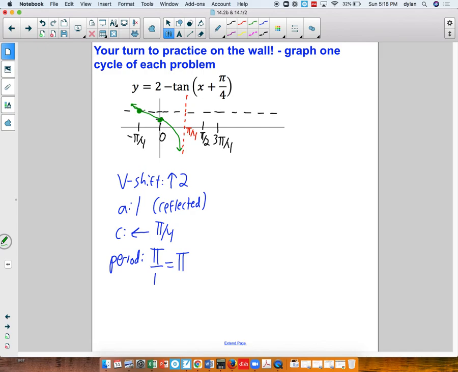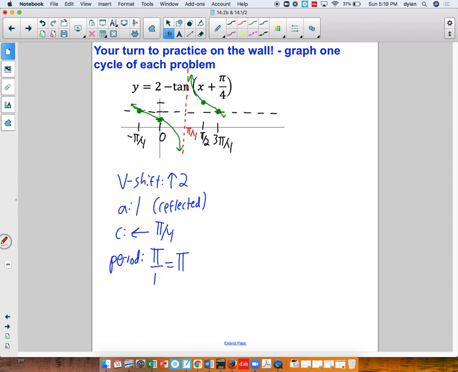So we need to end up at our midline at the end at 3 pi over 4. But this time we're going to be up 1. And then we'll draw in our function as well. So you can see here that in this case, this is a reflected tangent function. So at the beginning, it's going down rather than up like it would for a normal tangent function.